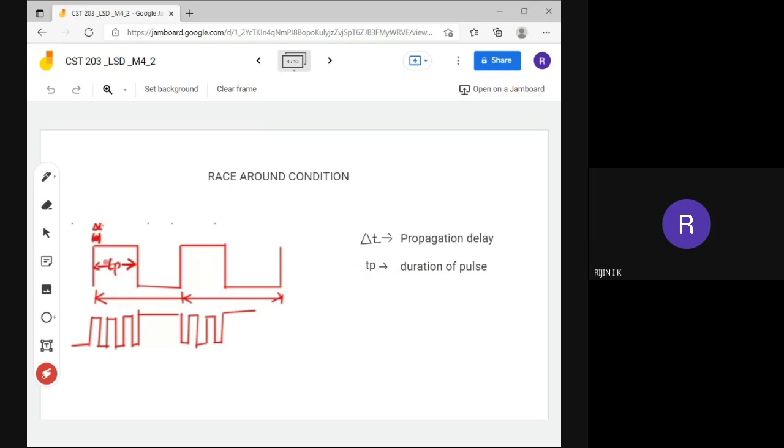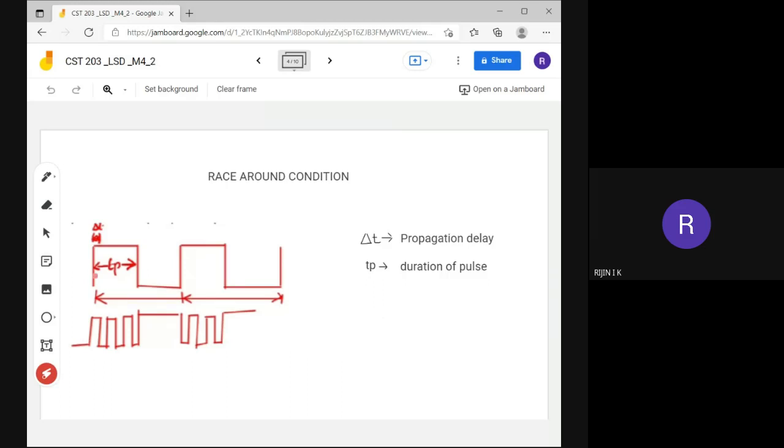Then when you give the input, the flip flop will generate the output. Initially, assume that Q is 0.